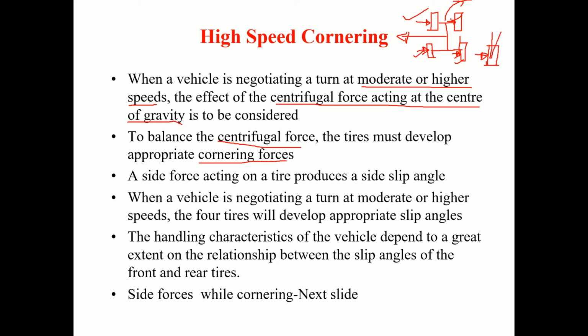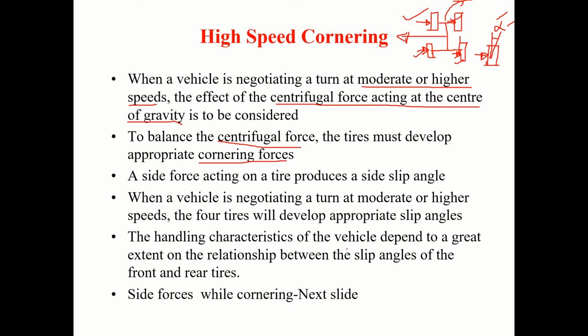Earlier also I explained tire slip angle. We represent this by alpha. When a vehicle is negotiating a turn at moderate or higher speed, the four tires will develop appropriate slip angles. This is the one.